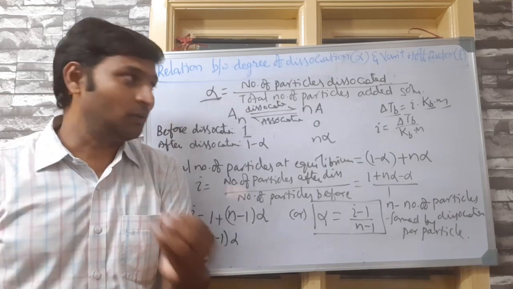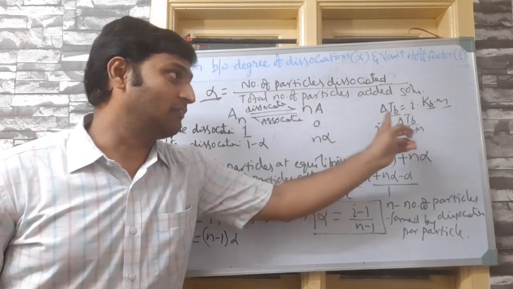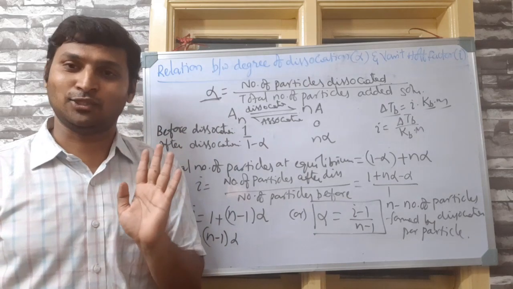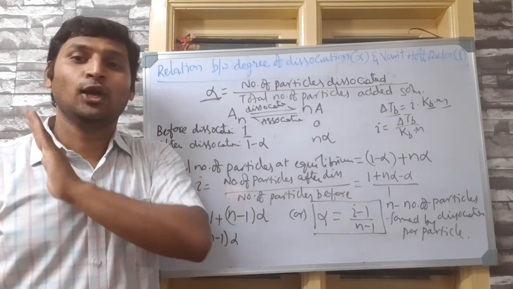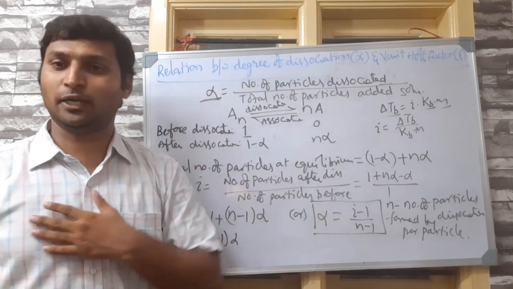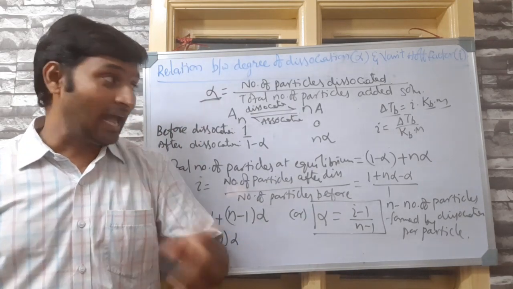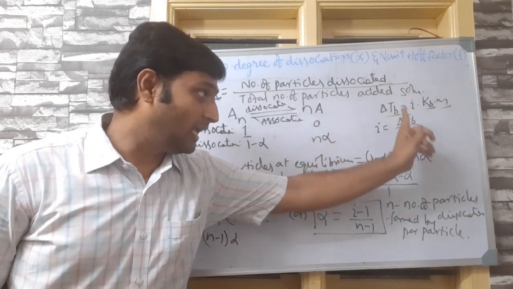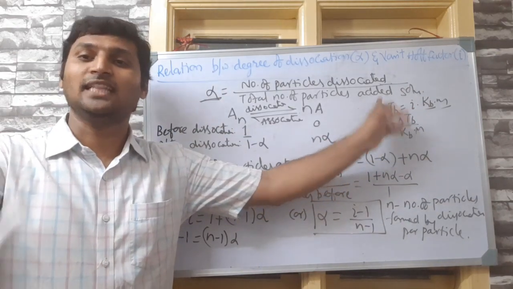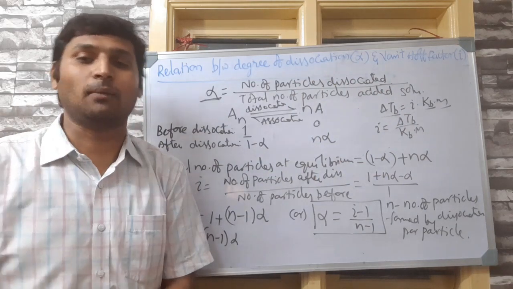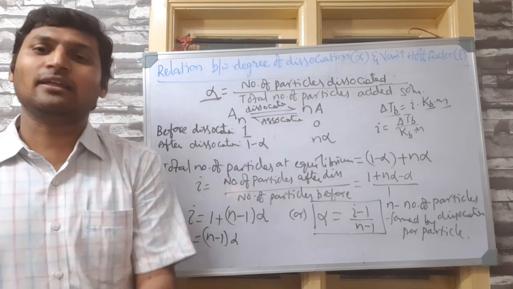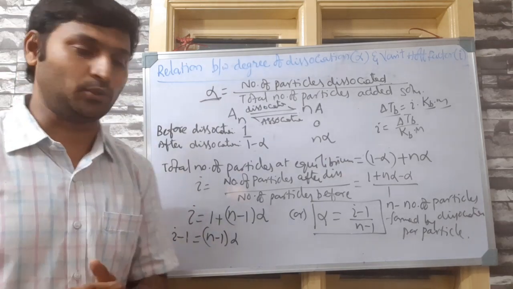If you have a question in which Kb and molality are given and delta Tb is asked, then he is not worried about association or dissociation. He is theoretically considering no association or dissociation, asking you delta Tb, that's all. Any colligative property for that matter. Whereas if he gave you Kb, he gave you m, he gave you delta Tb also, then he is trying to talk about the Van 't Hoff factor, obviously. So when you read the question itself, you will understand what they are trying to ask you.